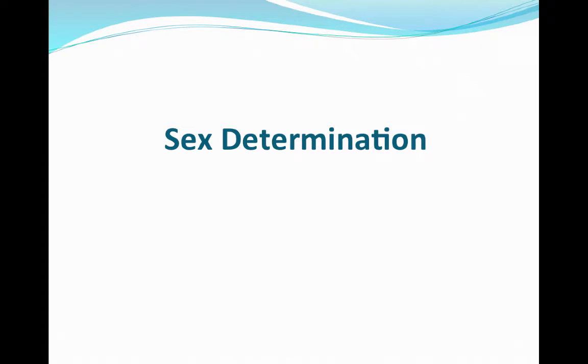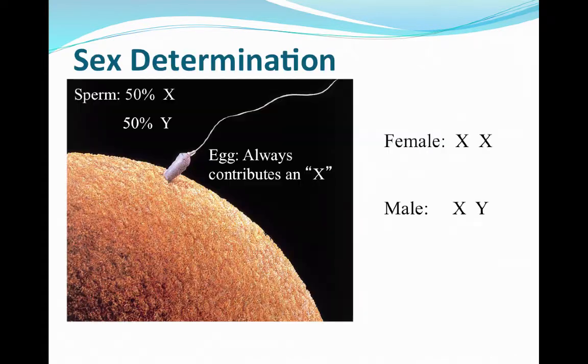So first of all, we're going to start with sex determination. Sex is determined in most species by the X and the Y chromosome. If we think about humans, the male has a 50% chance of passing on either an X or a Y chromosome, whereas the female, or the egg, is always going to contribute an X chromosome.